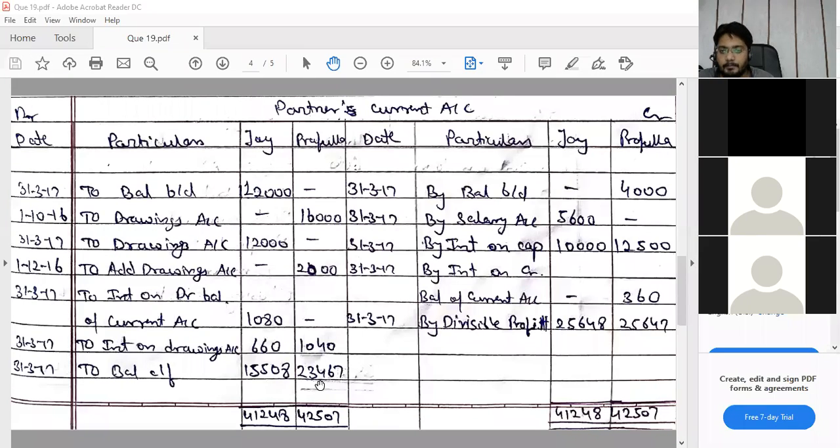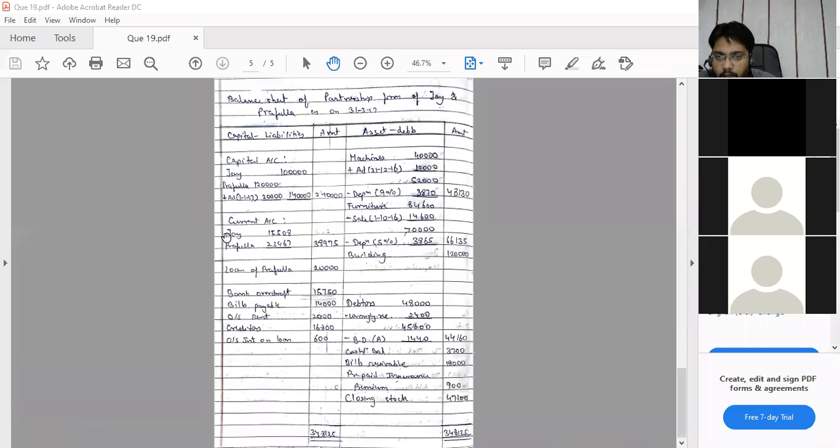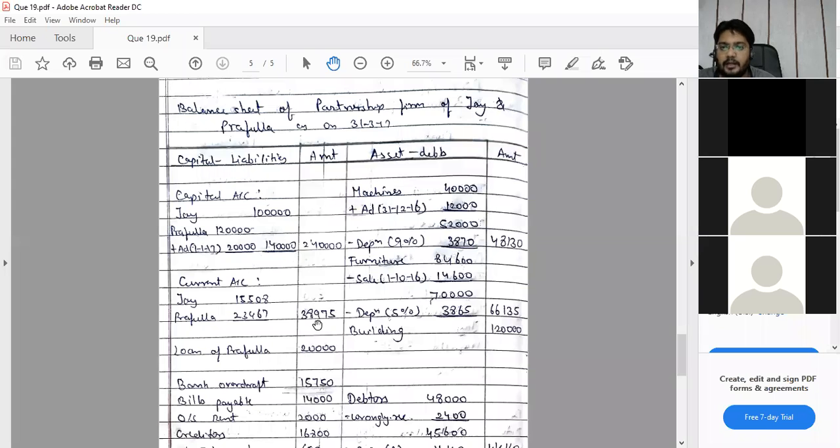And as the balance carry forward is on the debit side, it would be transferred to the liability side. So write on the liability side current account of Jay 15,508, of Prafulla 23,467, total in the outer column 38,975.